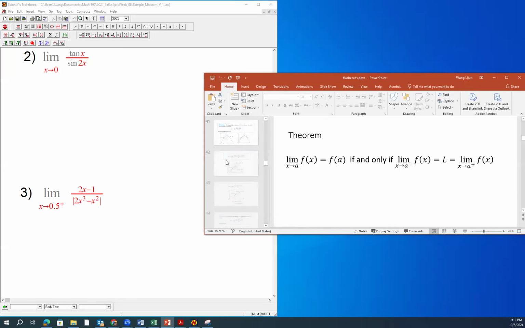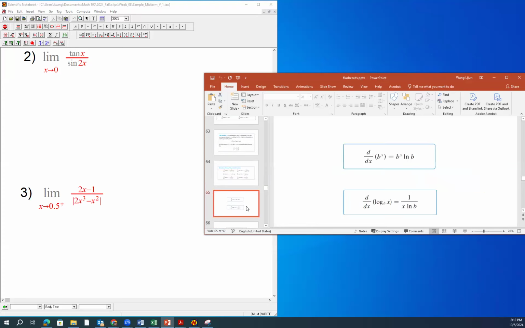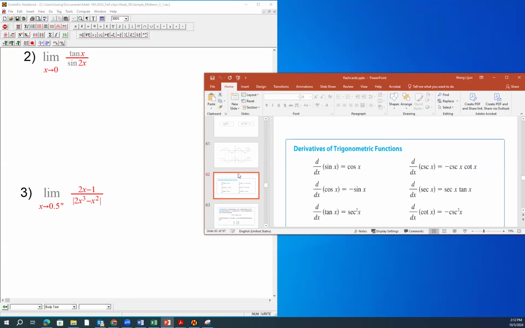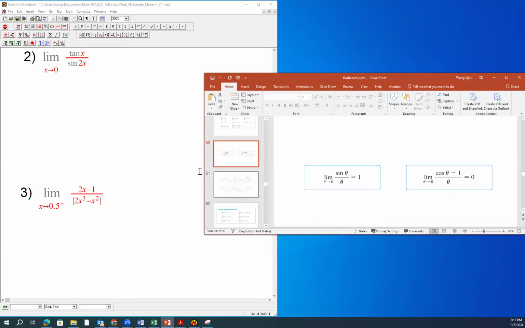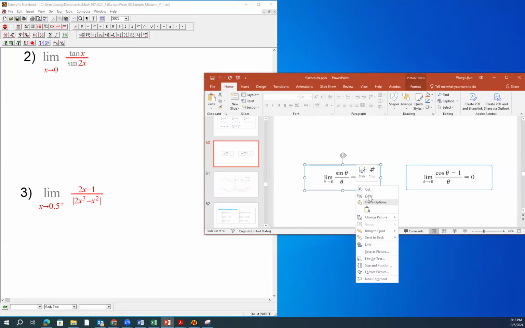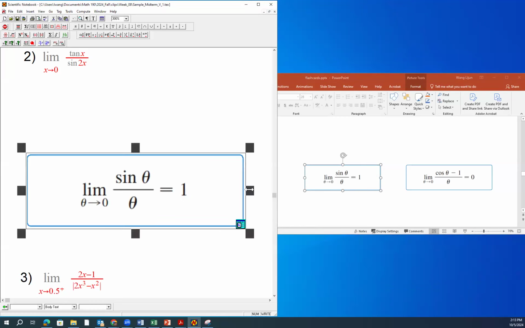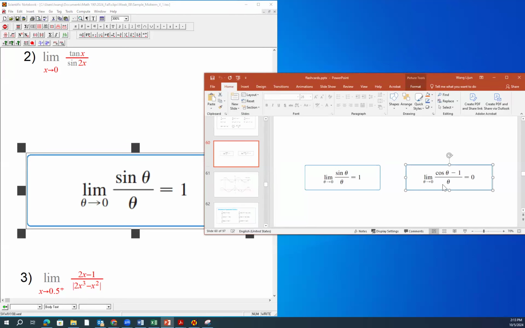I'm sure they should be somewhere in your index cards. I think we passed them. Here they are. So here are the two identities we're using. I'm going to bring them over here.